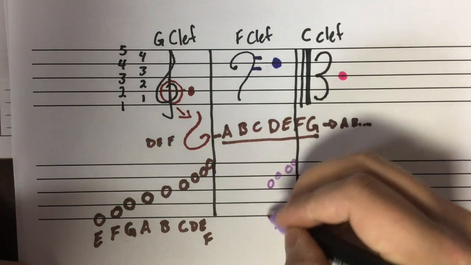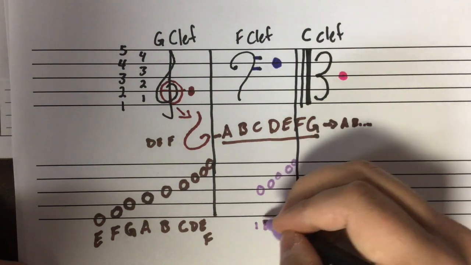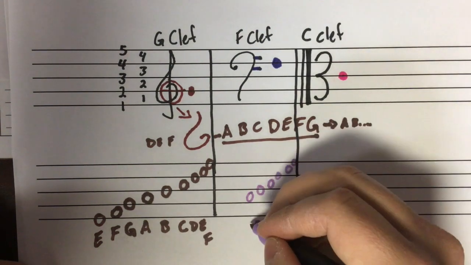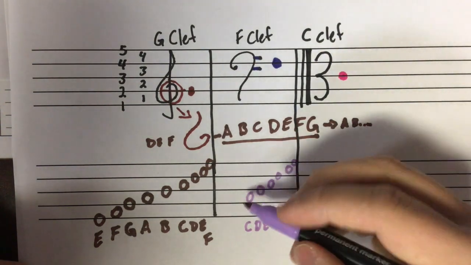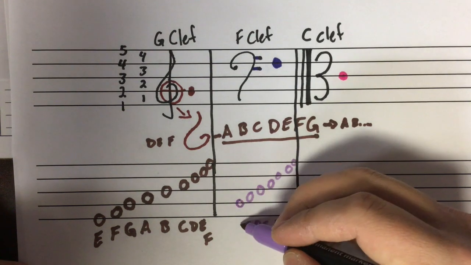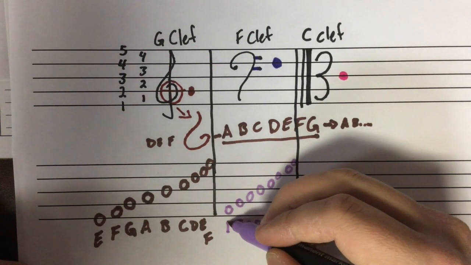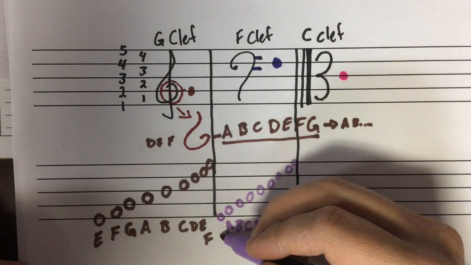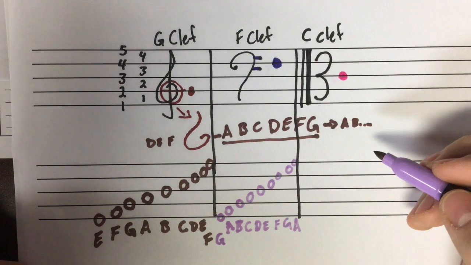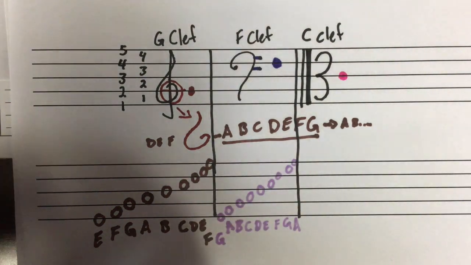So we have E in the third space. Third line is D. Second space is C. You guys can see that. Second line is B. First space is A. And then the first line is actually going to be G.